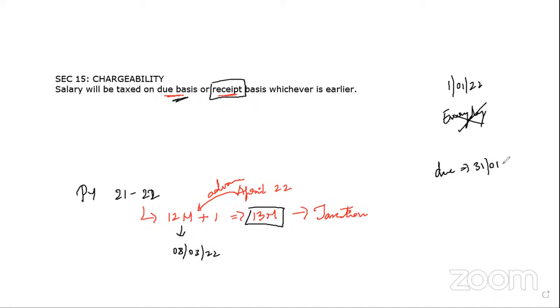The last day is going to be the 31st of January 2022. So you'll be receiving on the last day, or they'll give you within 10 days of the subsequent month. That's going to be the 10th of February 2022. This is the concept of due basis. Every day you're not going to receive. It will be accumulated and it is going to be due on the specified date. Usually it's going to be month end.